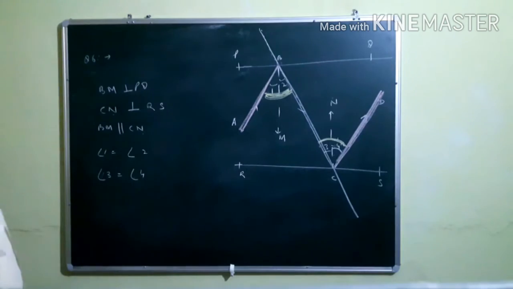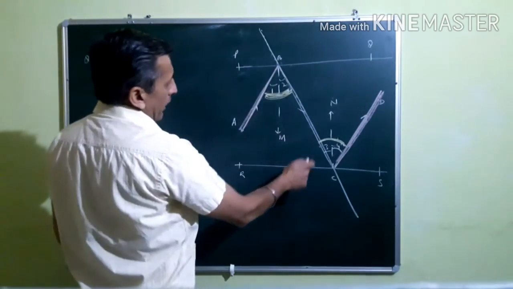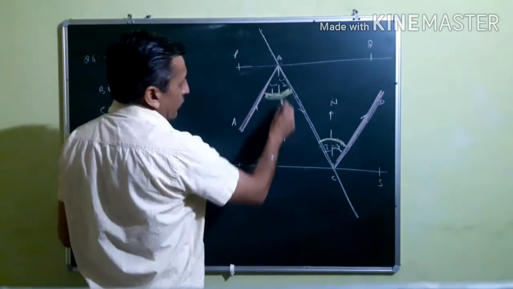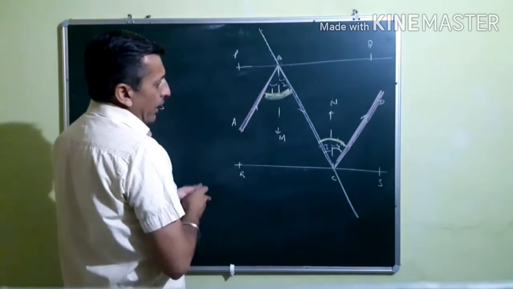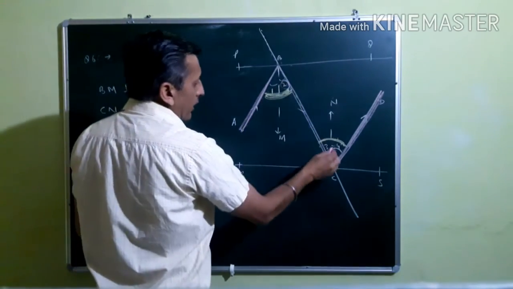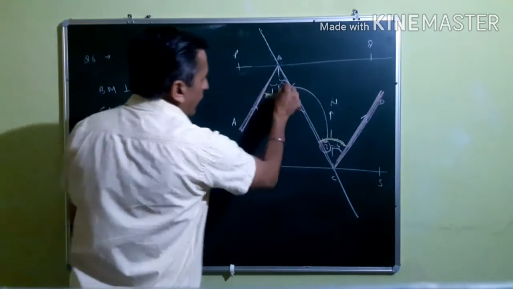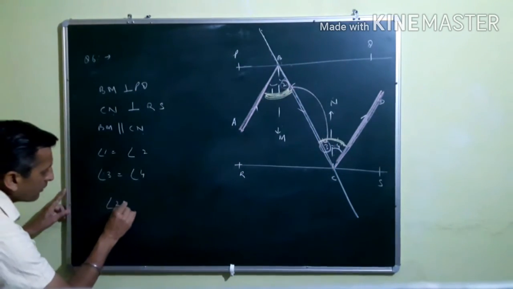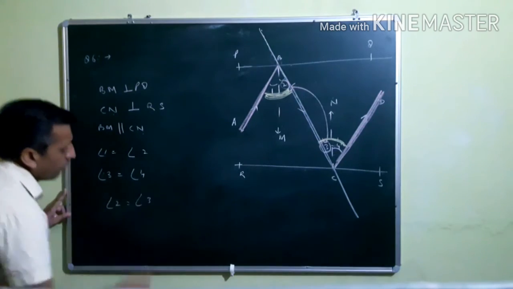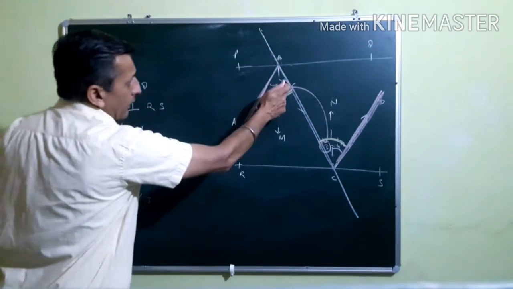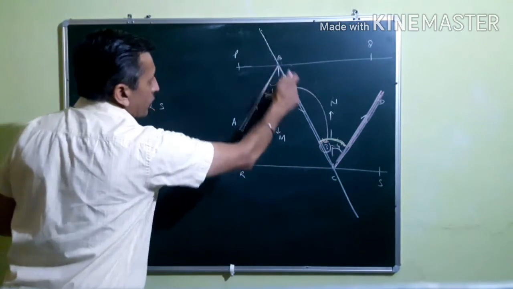Now see, these lines are parallel and this is your transversal. So angle 2 and angle 3 are the alternate interior angles. That's why angle 2 and 3 are equal, due to alternate interior angles, since this is the transversal and these two lines are parallel.